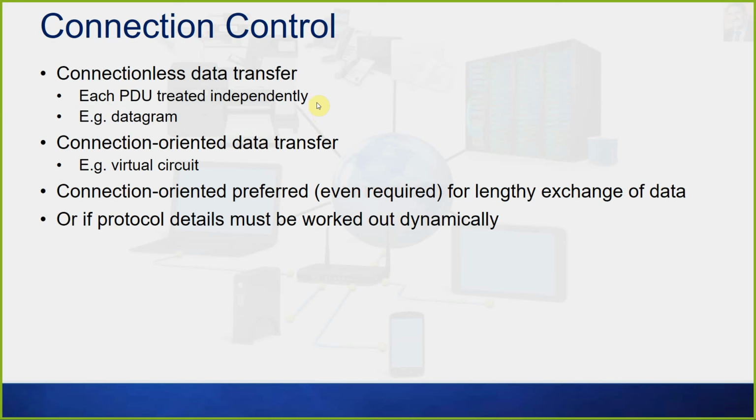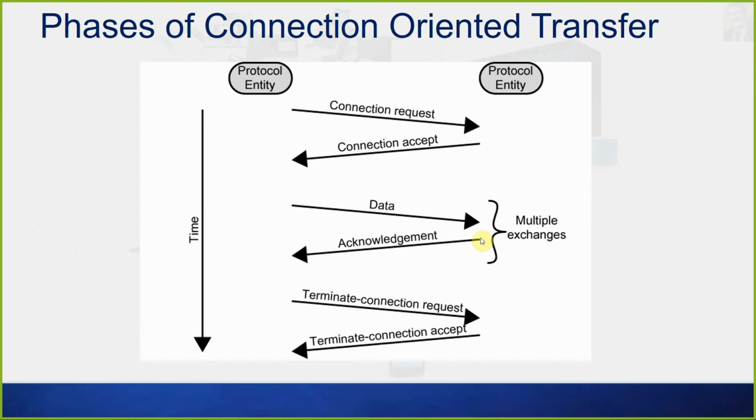For example, virtual circuit: connection oriented is preferred, even required, for lengthy exchange of data or if protocol details must be worked out dynamically. Phases of connection oriented transfer, step by step, the time is passing like this.